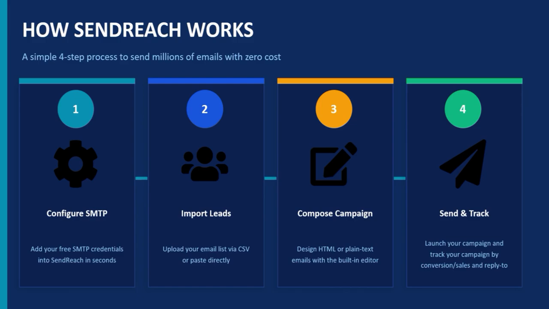Step 2, configure your SMTP. Once you get the SendReach software, add your free SMTP credentials into SendReach in seconds. You can add as many as you have, and you can also rotate these SMTPs within SendReach Sender.